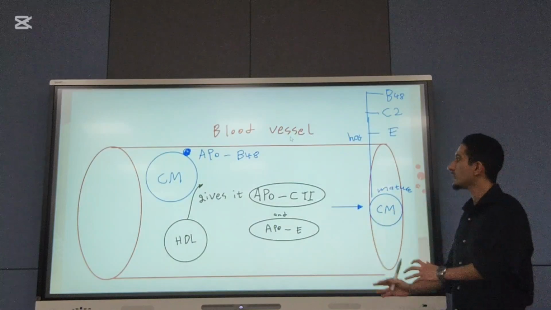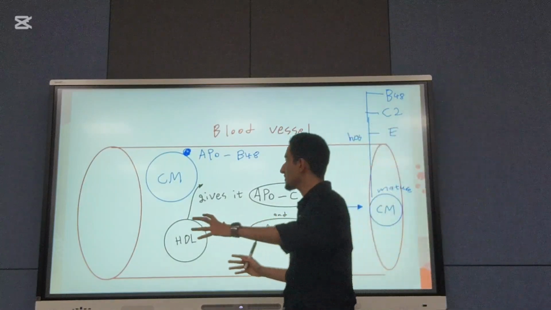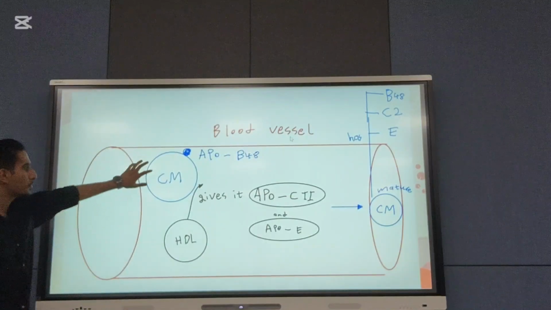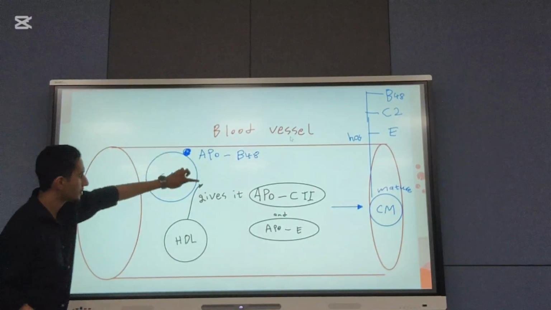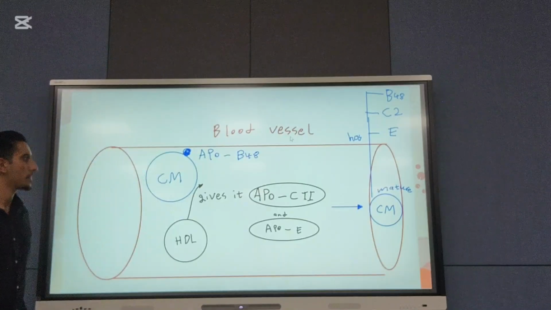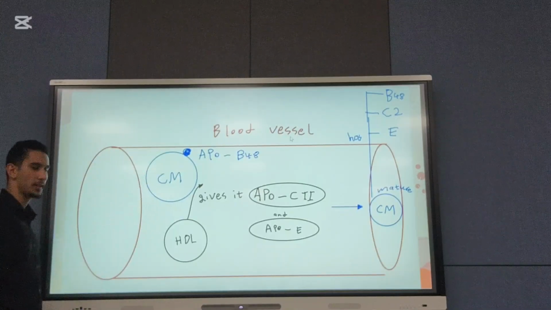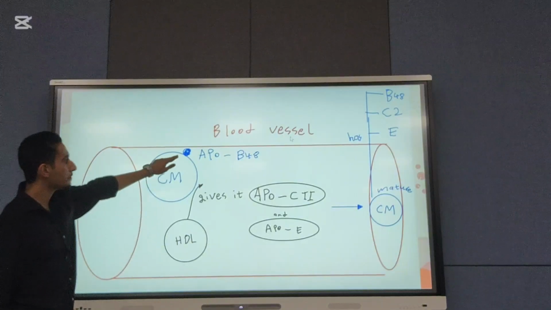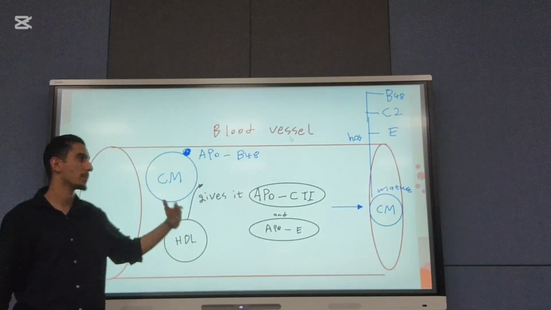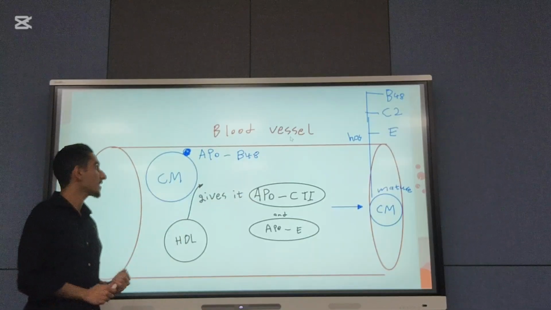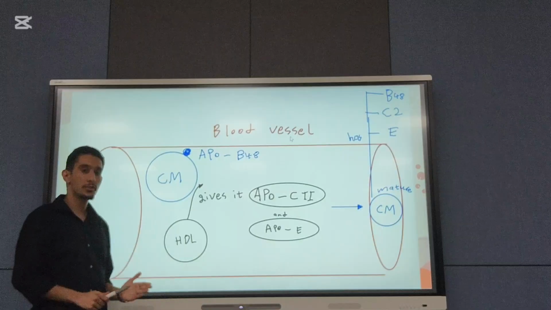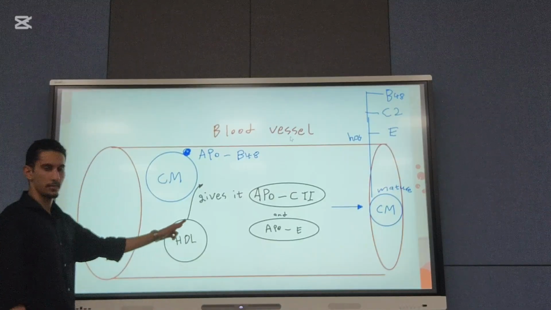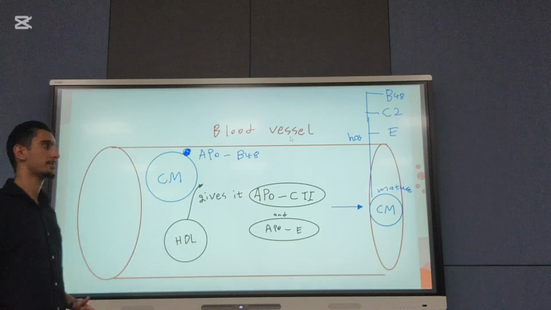Ignore all the drawings, just focus. We are still here in the blood. This blue structure is the chylomicron, with the apo B48, which means it's still immature. As soon as it enters the blood, it meets HDL, which is a lipoprotein.